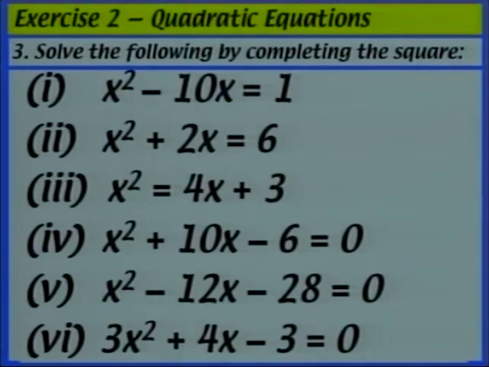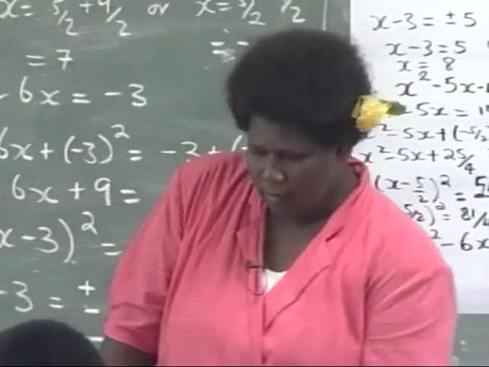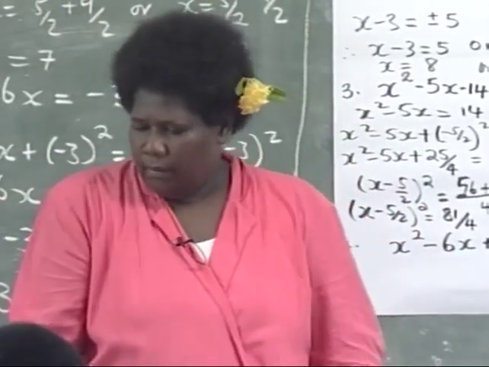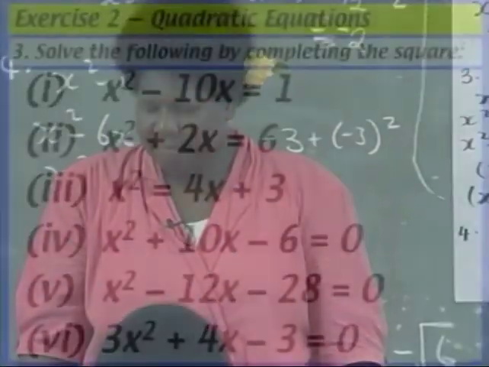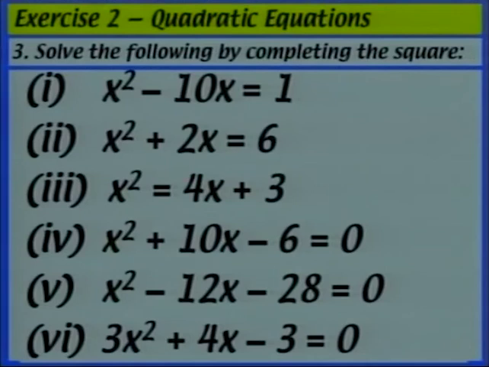All right, then for homework, you have to complete questions 3, 4, 5, and 6. There are only 4 questions for homework. And for number 4 and number 5, could you please write the answers to 2 decimal places?